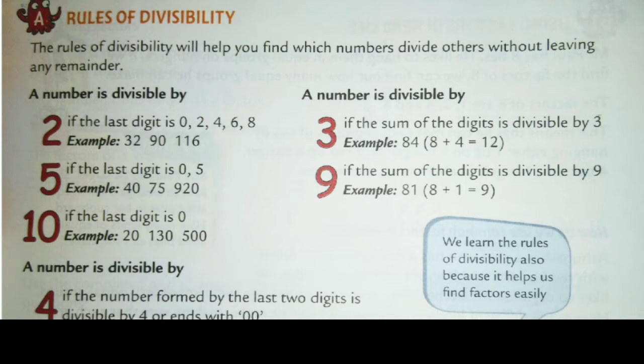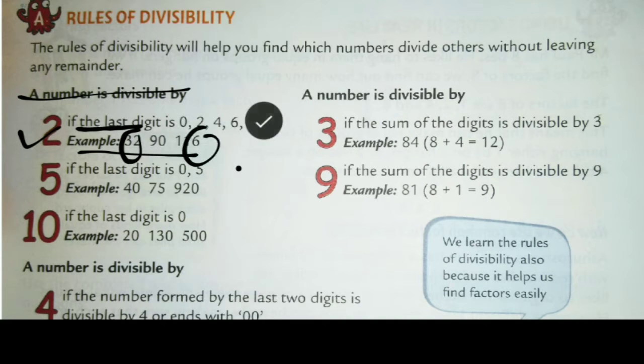First one, a number is divisible by 2. The rule is if the last digit is 0, 2, 4, 6 or 8. Example 32, 90 and 116. The last digit is 2, the last digit is 0 and the last digit is 6. So these are divisible by 2.